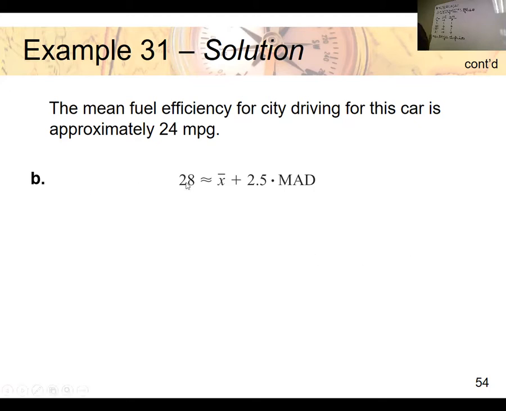And here the maximum usual value was 28. Okay, because if you remember that interval from 20 to 28, the 28 was the maximum usual value.